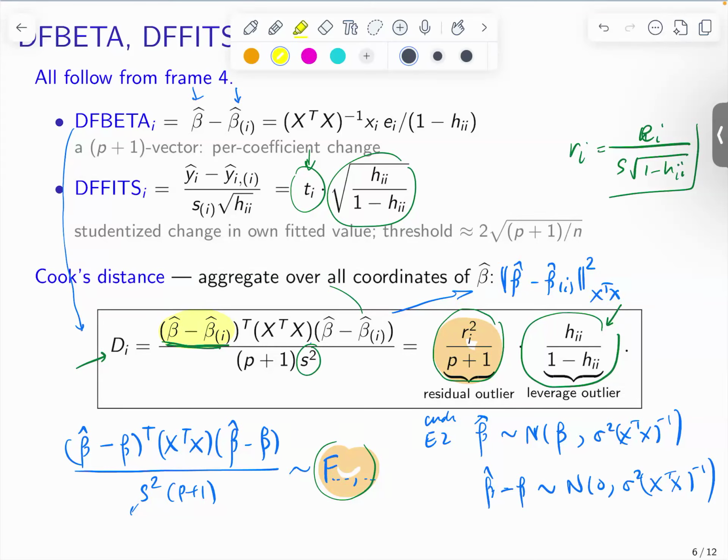You can see there are two factors we discussed: the residual outlierness and the leverage outlierness. So it measures the outlierness in the y direction and the x direction, and together they tell you how much influence you have. This naturally comes out of this measure, so you don't have to do a heuristic argument.